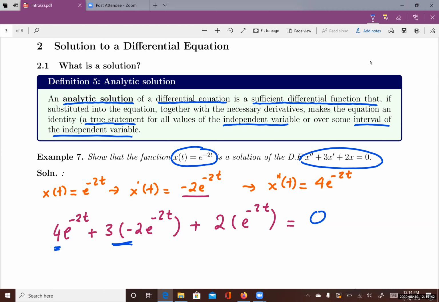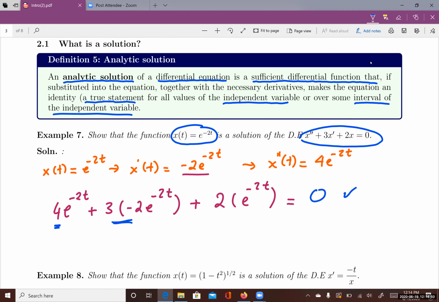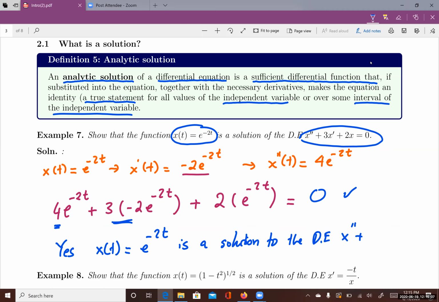Yes. So it satisfies this equation for any value of t. That means, yes, x of t equals e to the -2t is a solution to the DE x double prime plus 3x prime plus 2x equals 0.